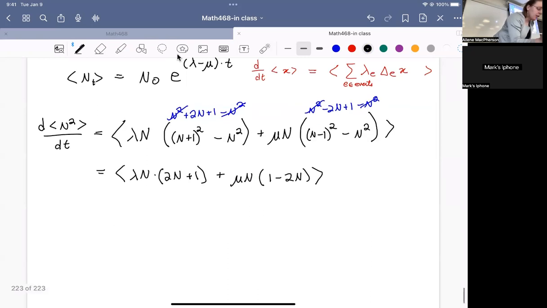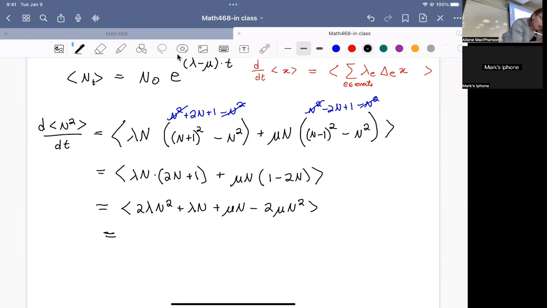All right, so I'm going to go one more step before the end of class. We still aren't to a point where we can use our expectation rules because there are still parentheses on the inside. We have to be able to break up on sums. So let's expand this just a little bit more. We have 2 lambda n squared plus lambda n plus mu n minus 2 mu n squared.